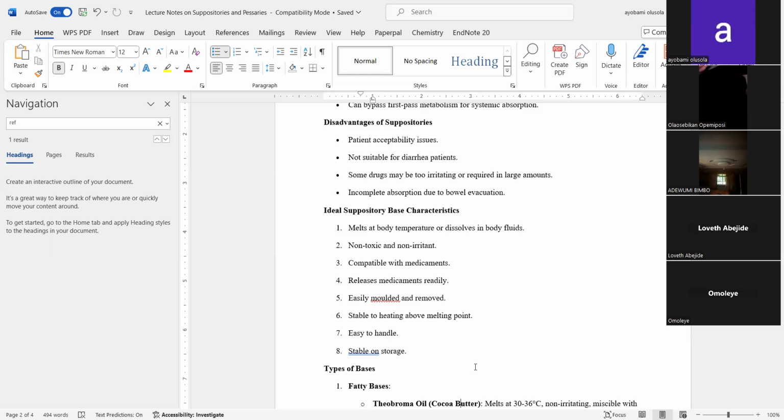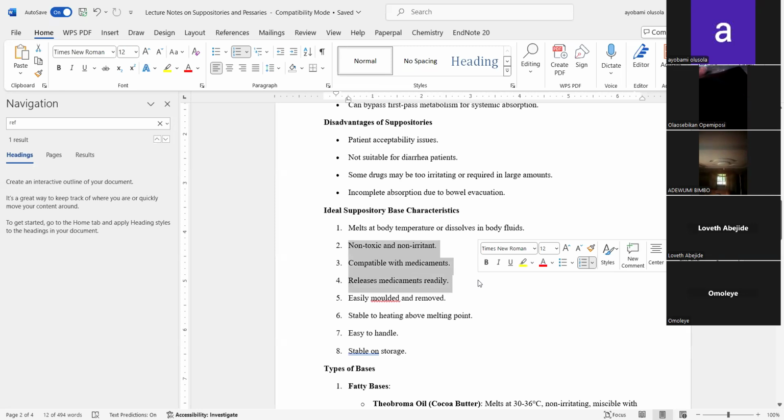It must be easily molded and removed. It must be suitable for heating above melting point. It must be easy to handle and stable on storage. If you go to ointment too, you will see that all these properties, particularly the ones I highlighted, are also under the properties of ideal ointment bases. So it's just like a repetition.